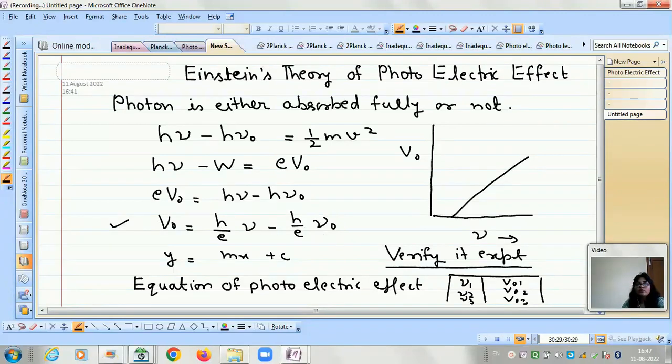So in this way we can verify the photoelectric effect given by the Einstein theory. And from this intercept we can also estimate the value of nu naught, which is related to the work function, that can also be calculated from this curve.